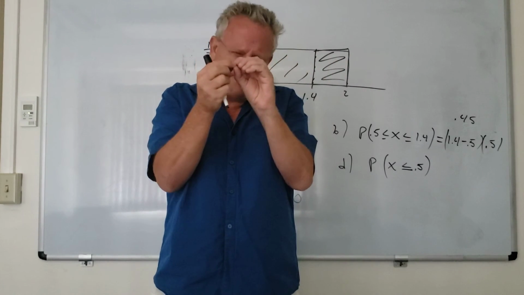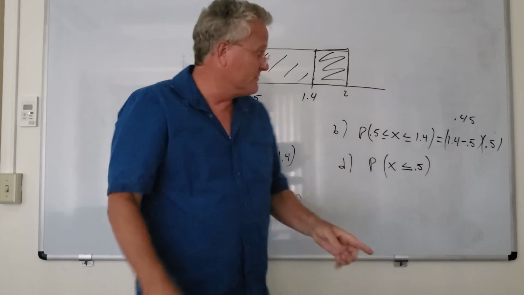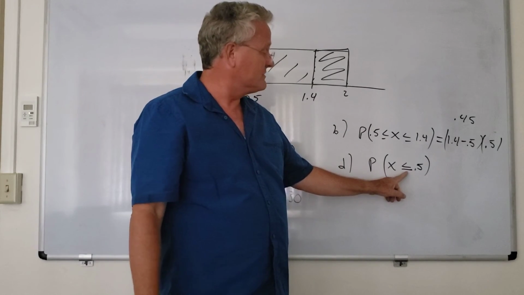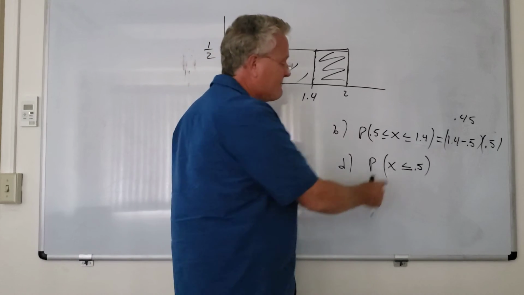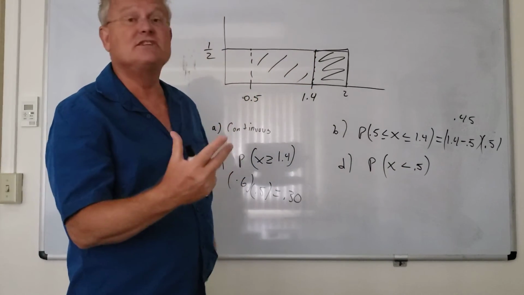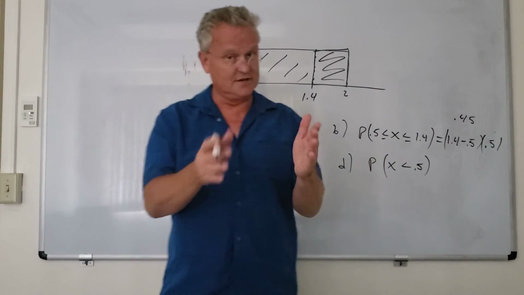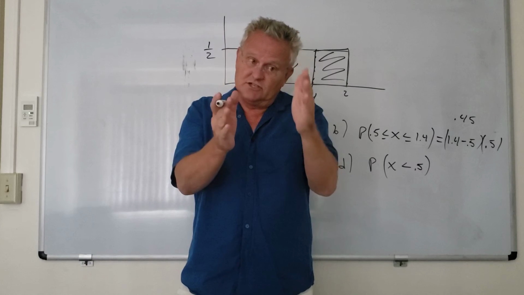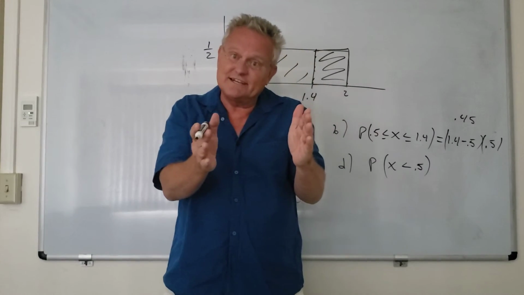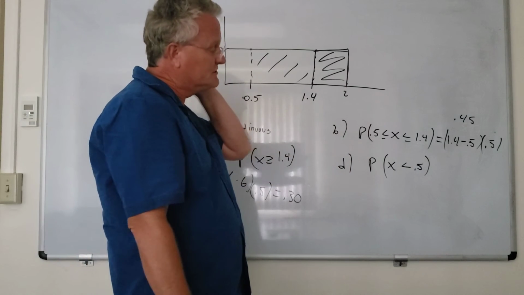So if it's infinitesimally small, there's no area under it. So the less than or equal to, they're going to be the same answer for continuous. But later when we get to discrete probabilities, it makes a big difference, less than or equal to, because discrete is like 5 or 6. It makes a difference. But for continuous, it doesn't.